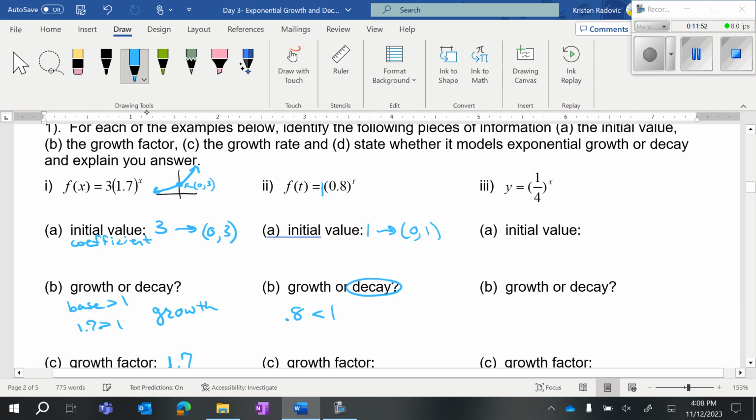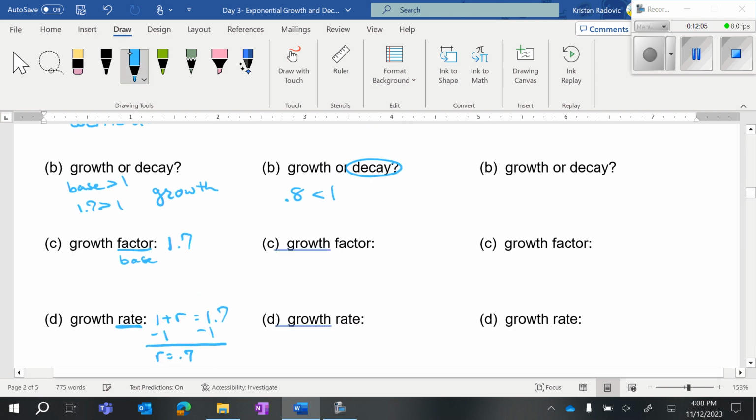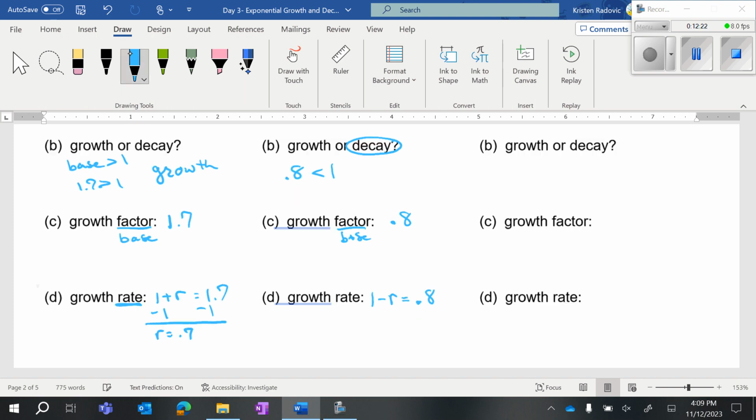So that means if we were to look at this graph, it would look like it's going downwards. And this point right here would be the coordinate 0, 1. The factor is the entire base. So the factor is 0.8. The rate is just r. Now, because you're decreasing, this is a 1 minus the rate equation. So 1 minus the rate gives you 0.8.